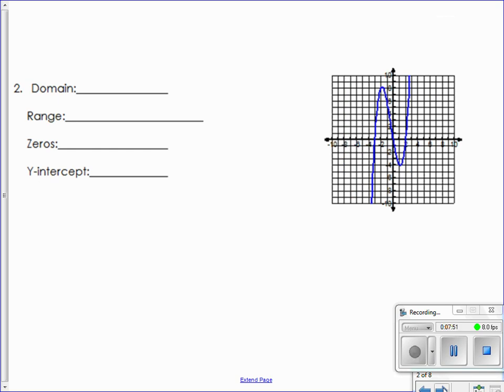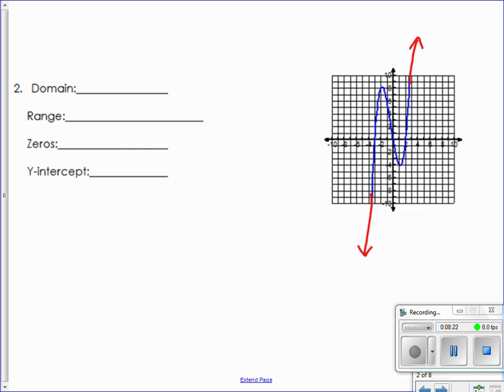Okay, our next one. This is a cubic function, meaning the degree is 3. I'm sure we've probably seen ones like this in coordinate algebra, but a cubic function doesn't change anything about the rules that we already know. So let's go ahead and draw our arrows so that we can get a better look at what's happening in this graph. To do the domain, domain is my left and right action.